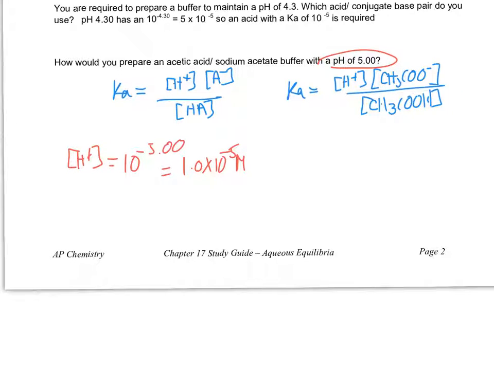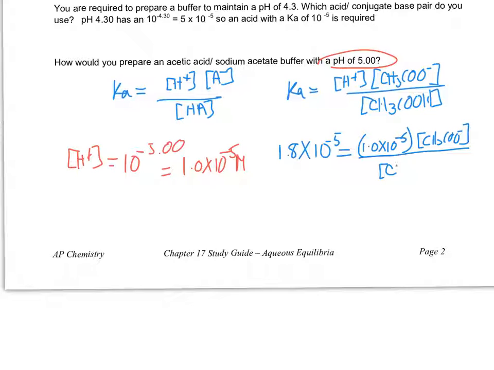So I know my Ka value, I'm going to plug that in, 1.8 times 10 to the negative fifth. And I also know my H plus concentration, I want it to be 1.0 times 10 to the negative fifth. And my acetate ion concentration goes here.